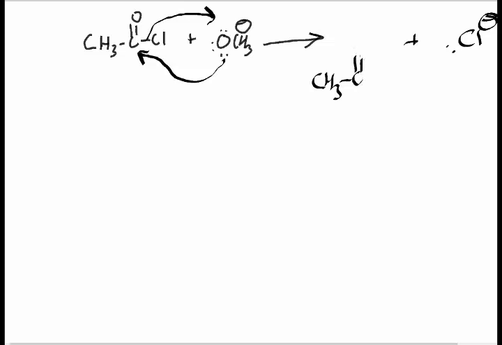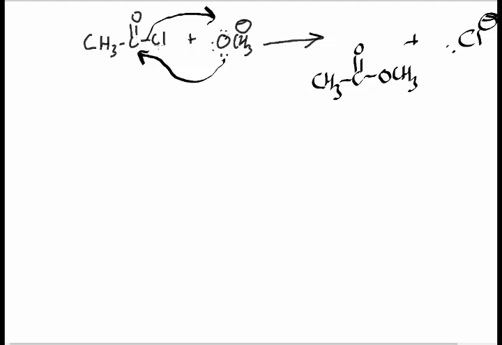New bond between the oxygen and the carbonyl carbon. Don't change anything else. Don't change the connection between the oxygen and this carbon here. Leave those together. Just simply form a new bond between oxygen and the carbonyl carbon.